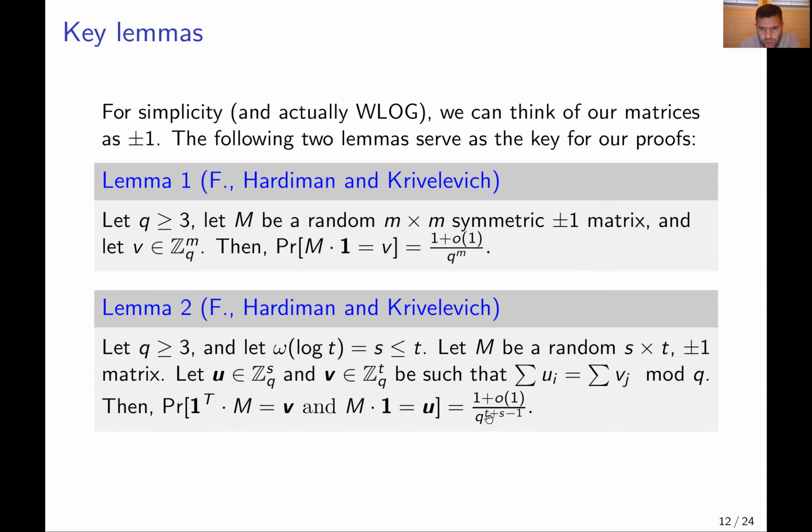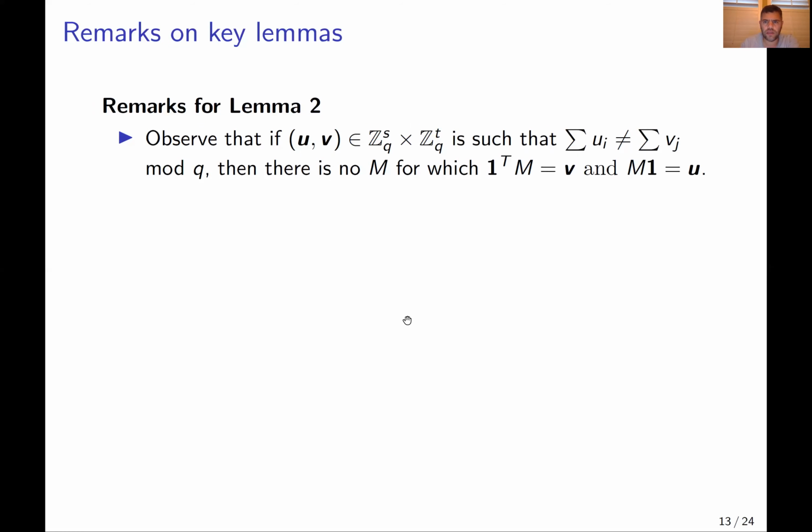So this q^(t+s-1) also says that it's a uniform distribution, right? Because the number of pairs u, v that sum to exactly the same residue mod q is exactly q^(t+s-1). Okay, so that's what I wrote here. And clearly, if the sums of the coordinates of u and v are not the same, there is no such solution, right?